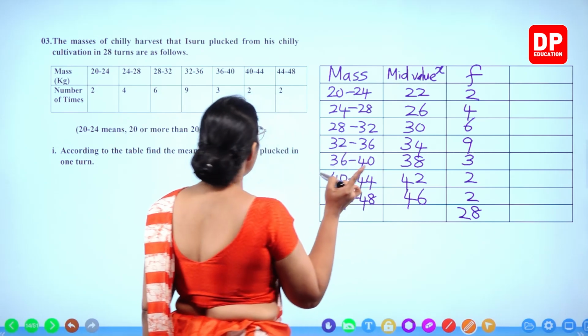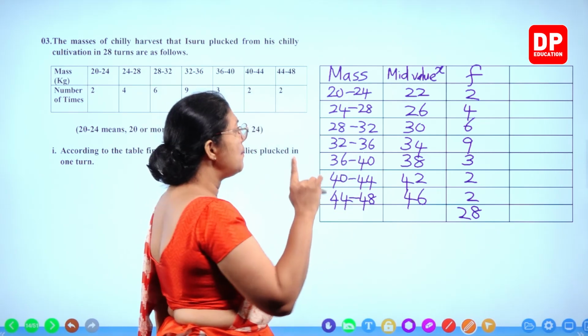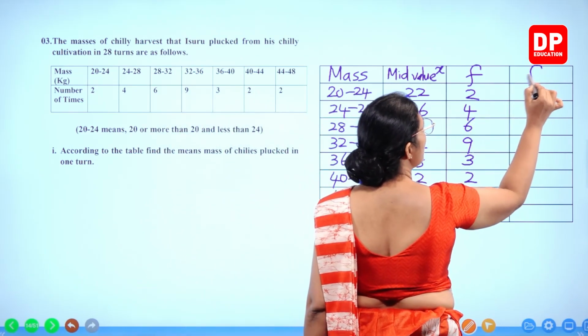Now to find out the mean, you need the column x and f, the fx column.